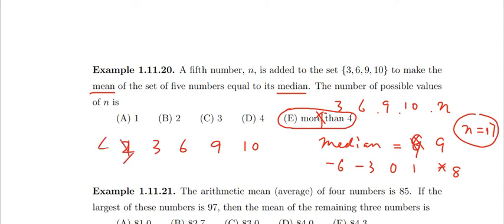If this is 3, 4, 6, 9, 10, we find the median and mean cannot be equal. So only n equals 17.